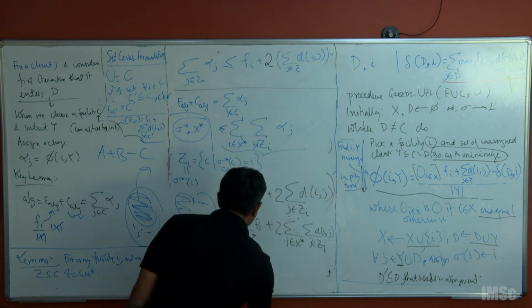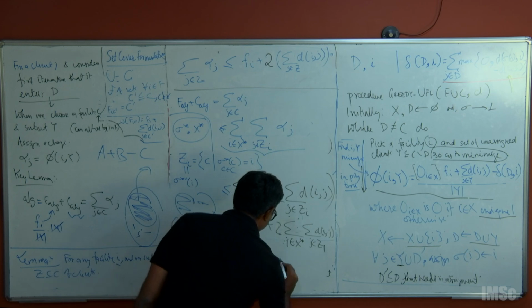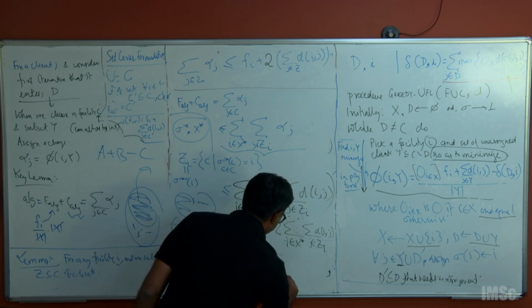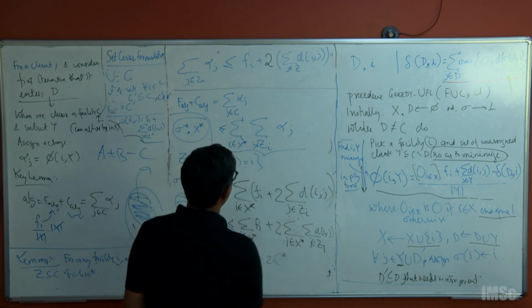Okay. So this is equal to F star, and this is equal to 2 times C star, where C star is the optimum solution.